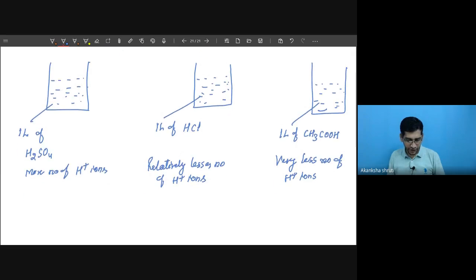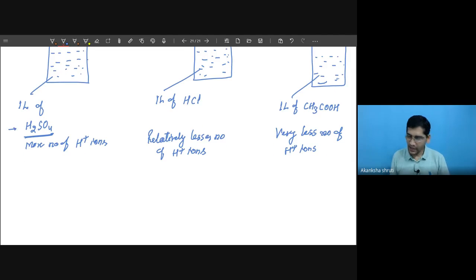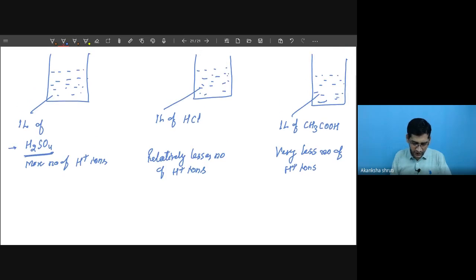Means the ionization of this H2SO4 is very fast. So such ionization which can occur very instantly, and almost all the acid molecules get ionized, is called a strong acid.